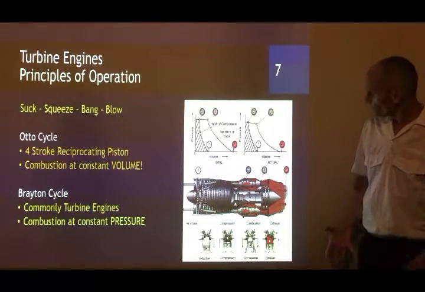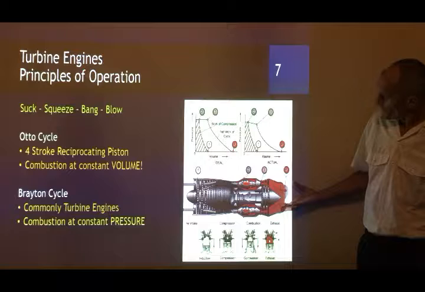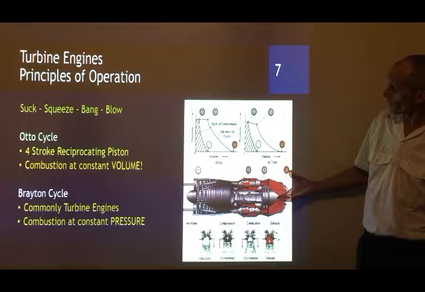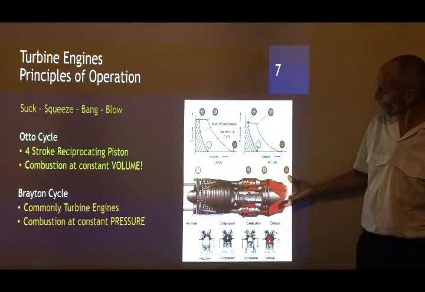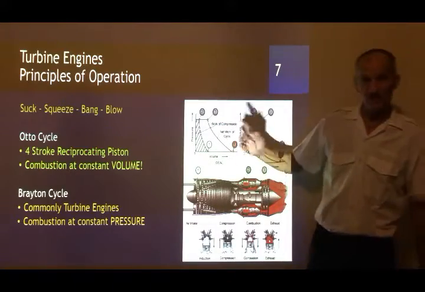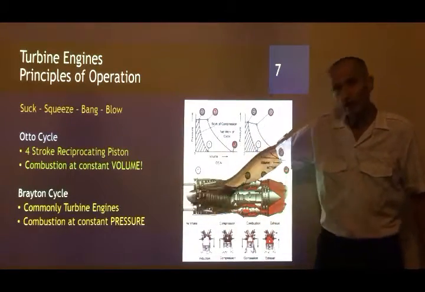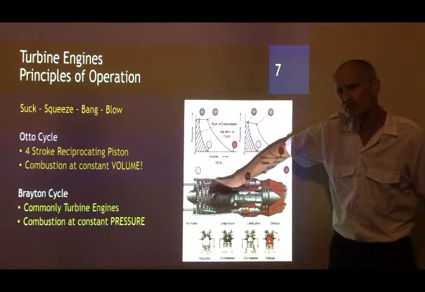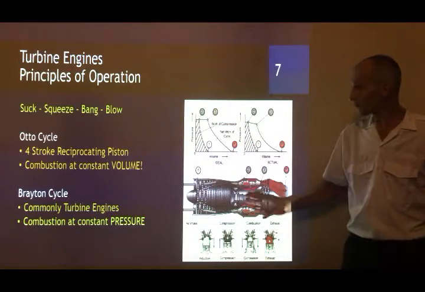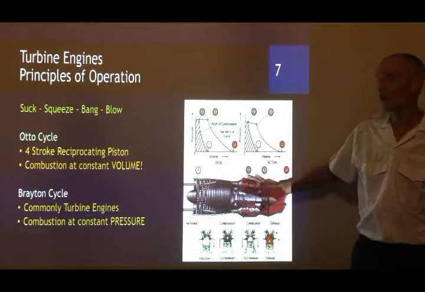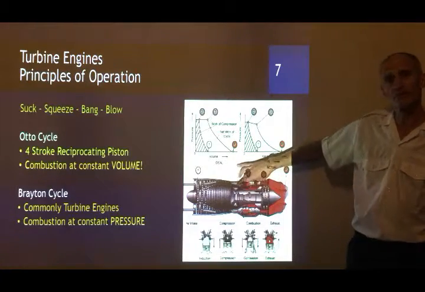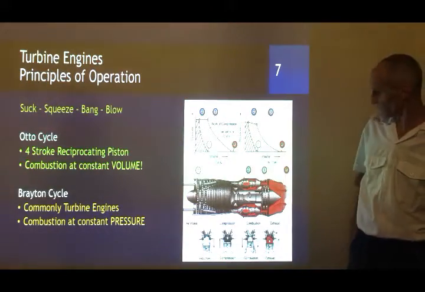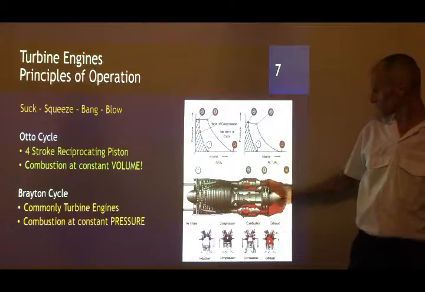It works simply. It's a very, very simple operation. It sucks the air in. It squeezes it, compressing it by means of a compressor. There's a combustion chamber here. It combusts the gases and the fuel.